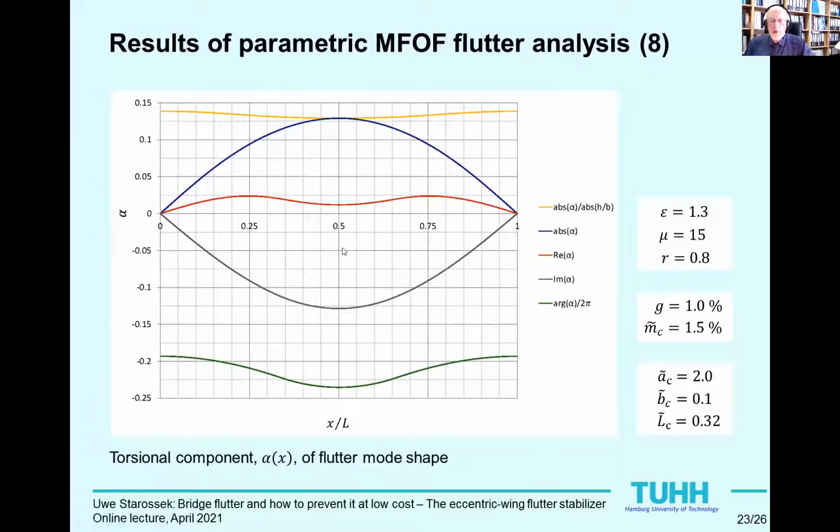Now the torsional component has both a real part and an imaginary part. The imaginary part resembles a sine half wave. The real part is strongly indented around midspan, an effect produced by the concentration of the wings at that location. This indentation, or rather the different forms of the real and imaginary parts, causes the argument of the complex torsional component to vary along the length of the bridge.